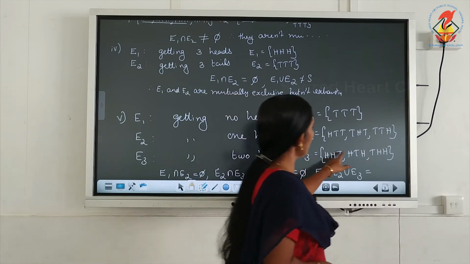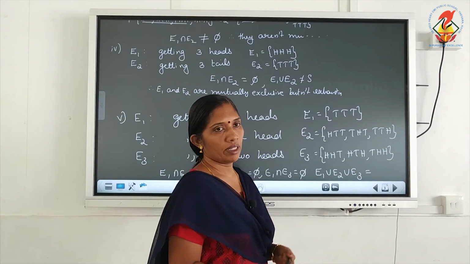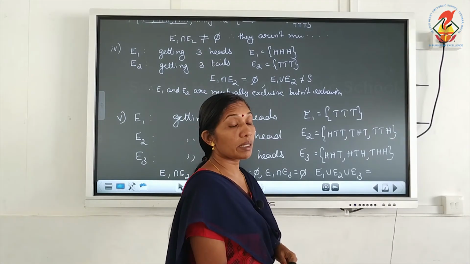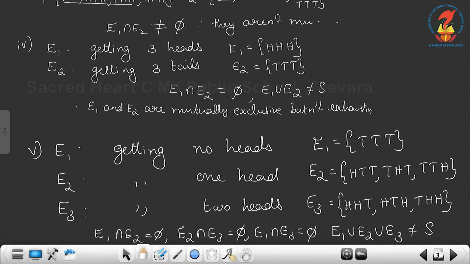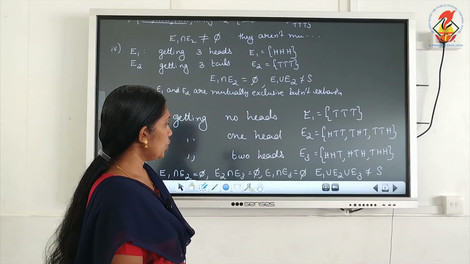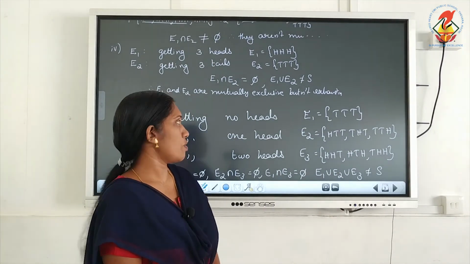Here how many elements? 3, 3, 6, 7. The one element that is missing is triple head, that is not in this union. So this is not equal to S. So what do we conclude? E1, E2, E3 are mutually exclusive but not exhaustive.